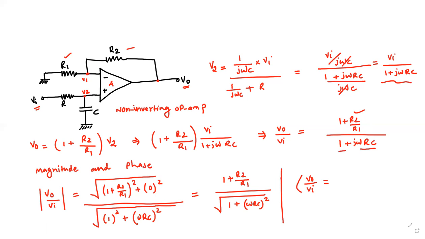Because we can see from this, this is the real axis, this is the imaginary axis, and we see here, somewhere here, we have 1 plus R2 over R1, that is the 0, because we are trying to obtain the zero and the poles of the transfer function. So zero is here, and the angle, the phase here is zero.